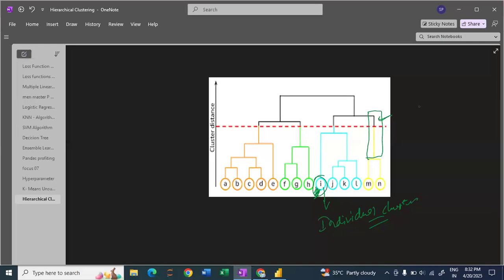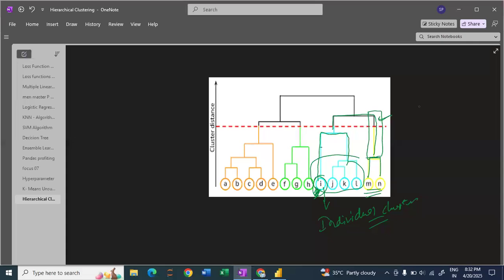Why are we choosing this? Because this is connected with two data points. And this basically connects with the blue cluster, the whole cluster, which includes all the data points. So we are not identifying only the cluster. We also have to find whether the clusters are interconnected or not. If we take this, then we will break the rule of cutting the dendrogram.